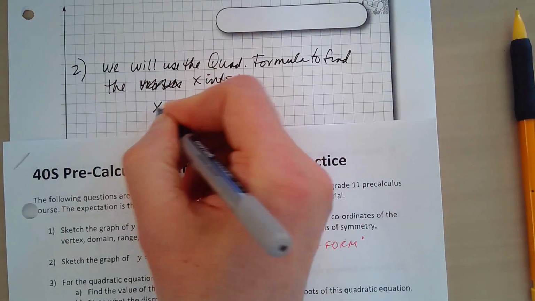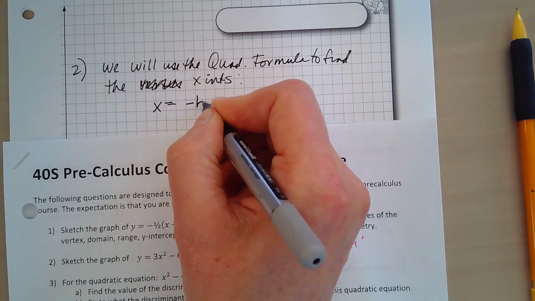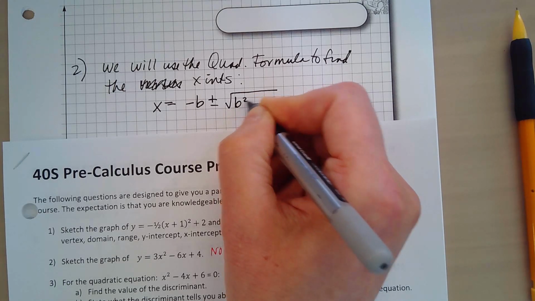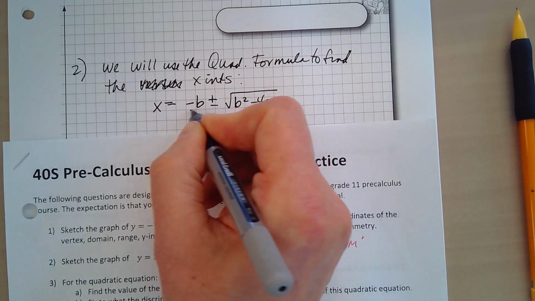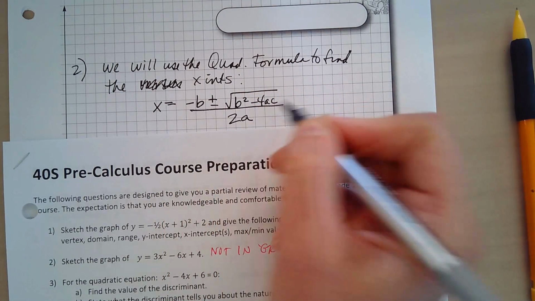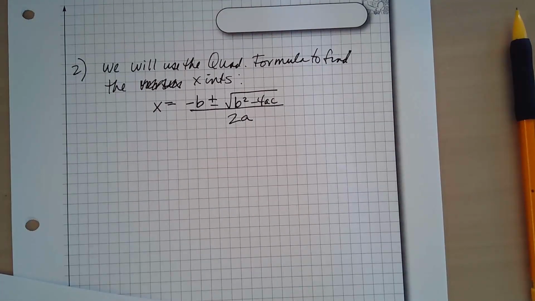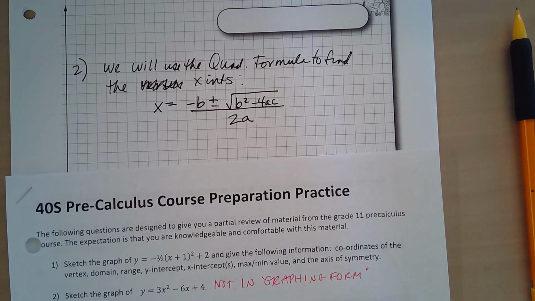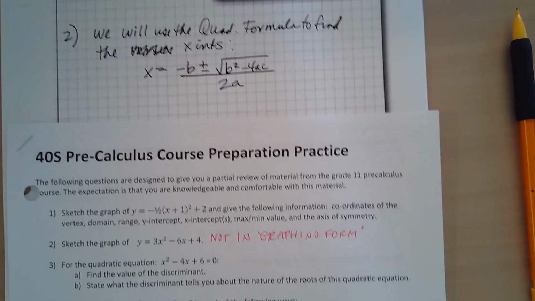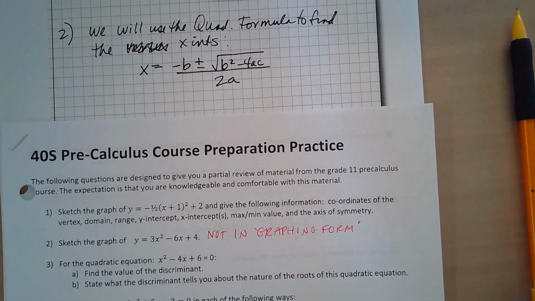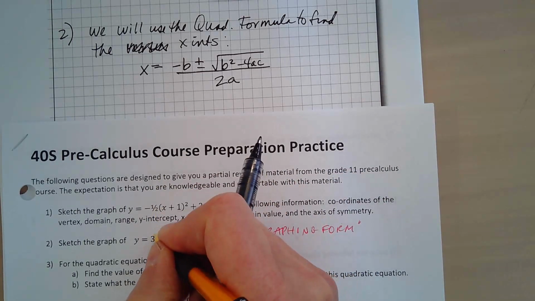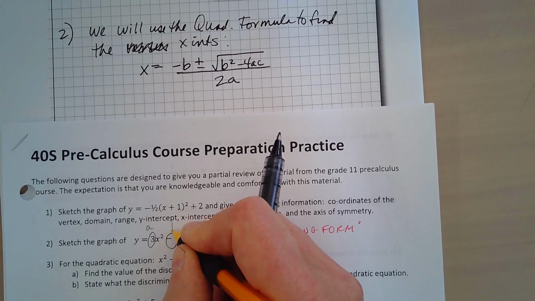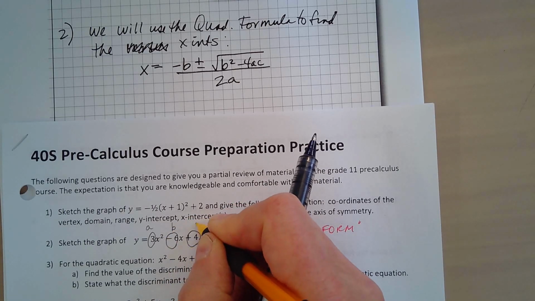So x equals minus b plus or minus the square root of b squared minus 4ac, all over 2a. I think that formula is now given to you on the formula sheet. However, you have to know what a, b, and c are, right? So when I look at my question, this is my a, this is my b, this is my c.